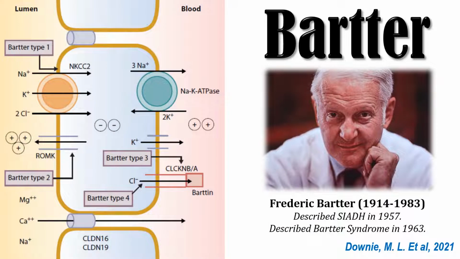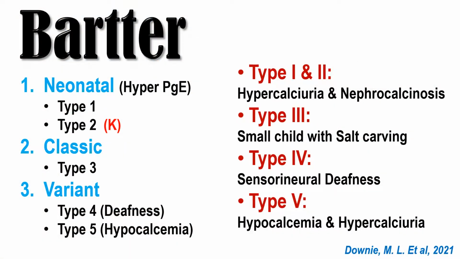For the loop of Henle, Bartter described this disease in the 1960s, but nowadays we have 5 variants of Bartter syndrome, depending on the channels affected. The first two types, 1 and 2, are called neonatal Bartter or hyperprostaglandin E syndrome. The difference between type 1 and type 2 is that in type 2 we may have hyperkalemia during the neonatal period and the early few months of life, compared to the hypokalemia classically known in Bartter syndrome.